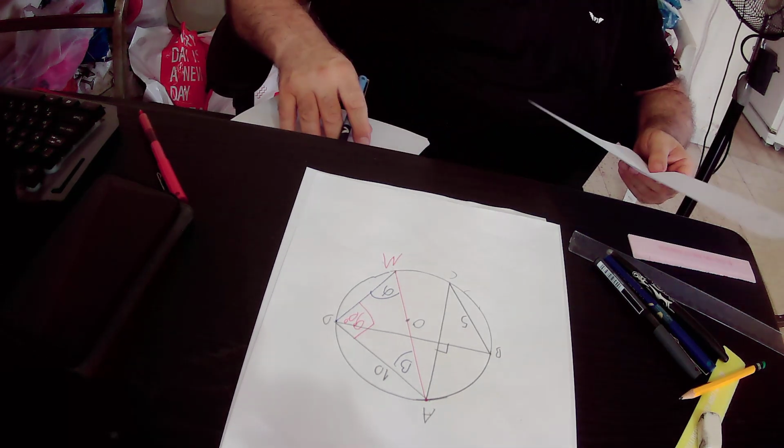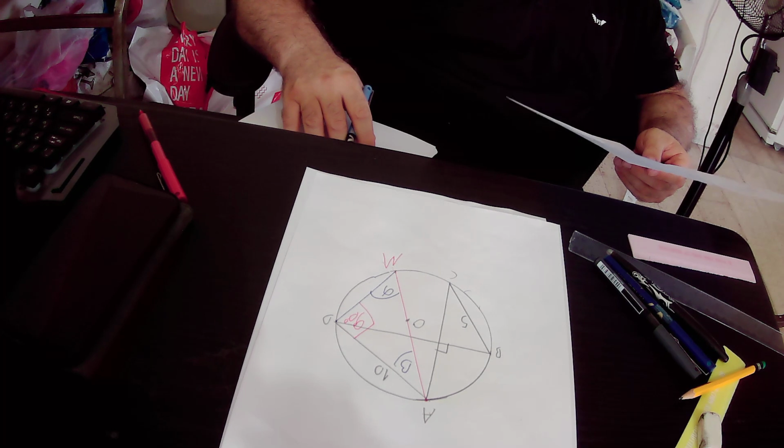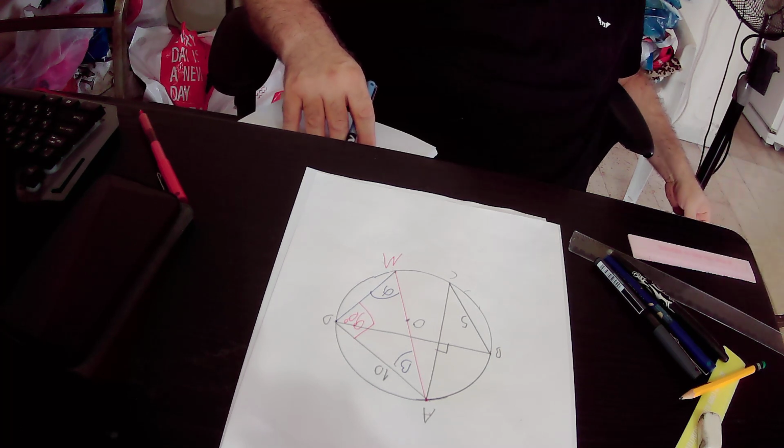We know that the sum of the angles in a right triangle equals 180 degrees.